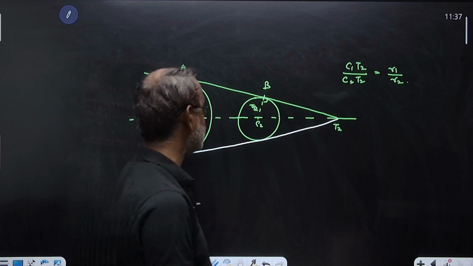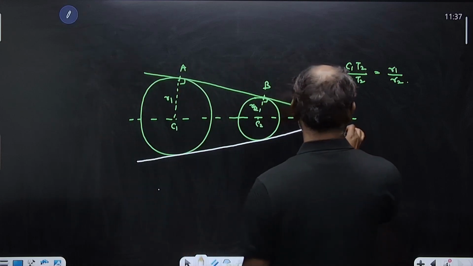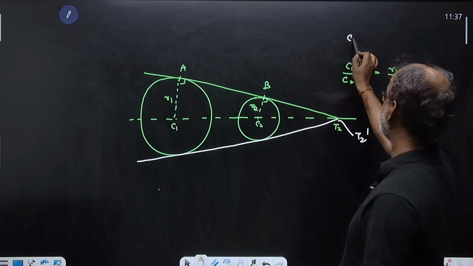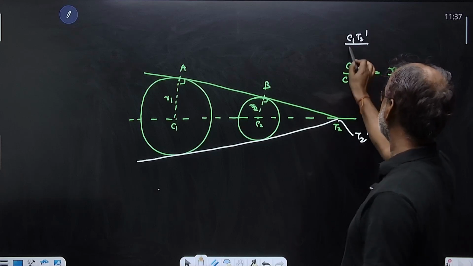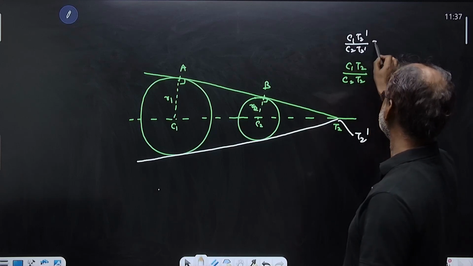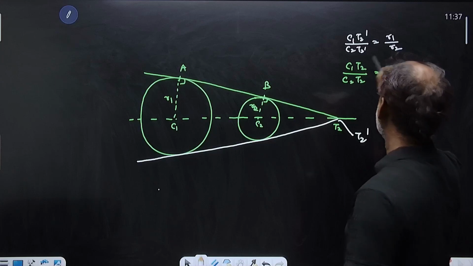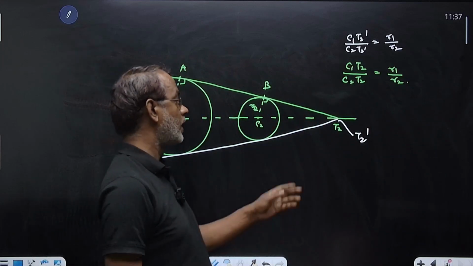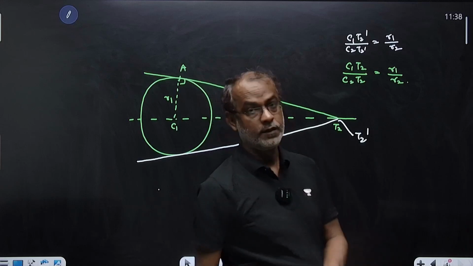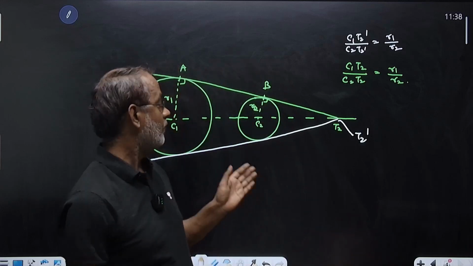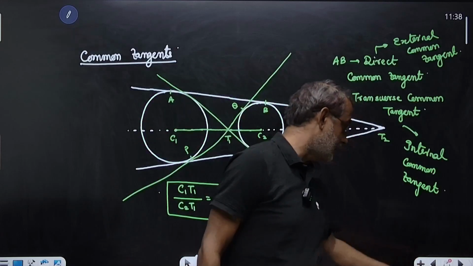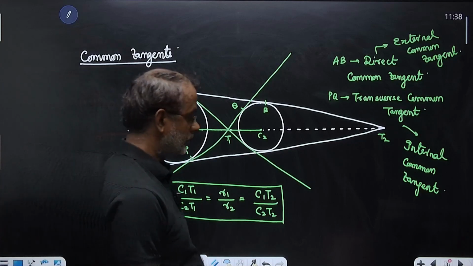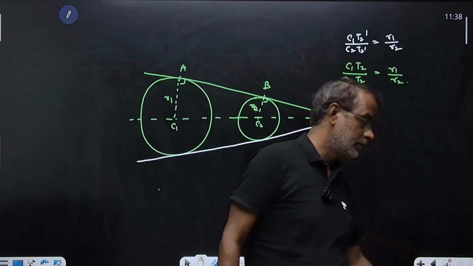Suppose this is T2 dash, then we can again say C1T2 dash upon C2T2 dash is R1 upon R2, meaning thereby that T2 and T2 dash coincide. I think we can very easily see that this is the same thing that we are going to do for internal common tangent.